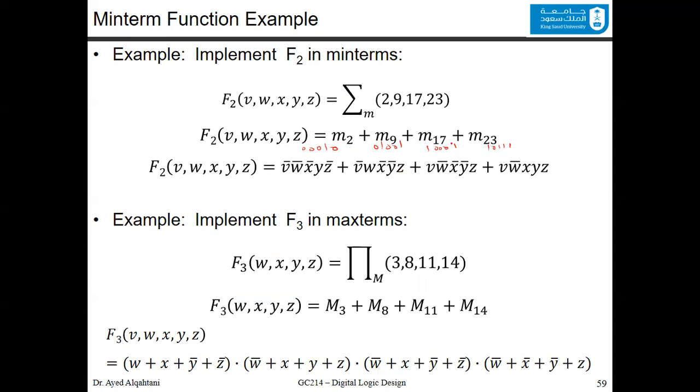Since you got those indexes, now you can generate the min terms in literal forms. It's going to be V bar, W bar, X bar, Y, and Z bar.